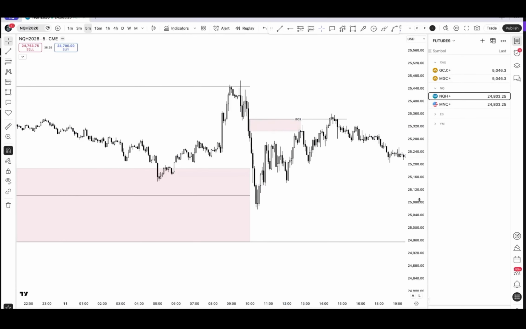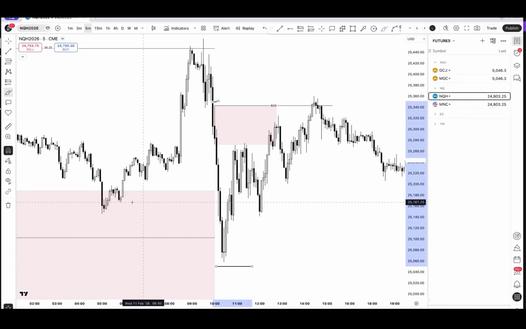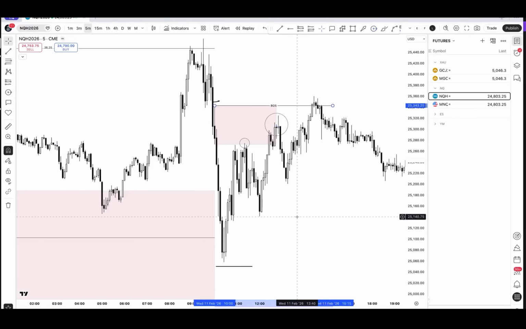So, as we see, this candle was the candle that took out all these lows. From here to here, we induced sellers. So, we've also had multiple reactions off of this high. Reaction here, letting me know buyers are getting into the market here.